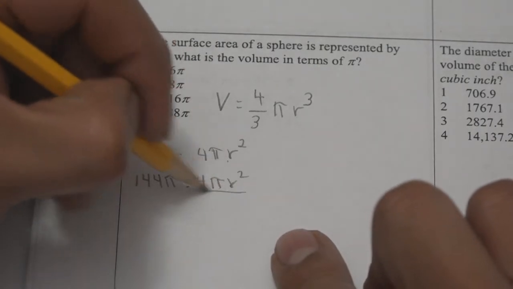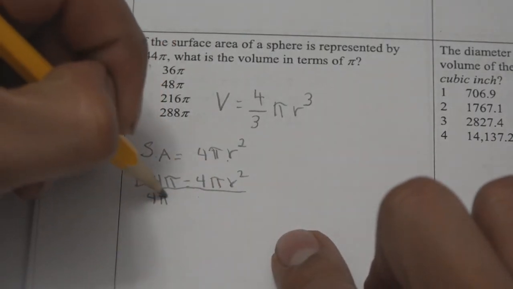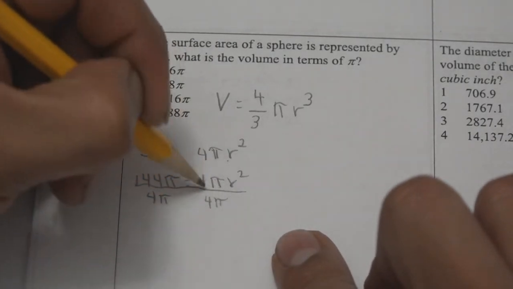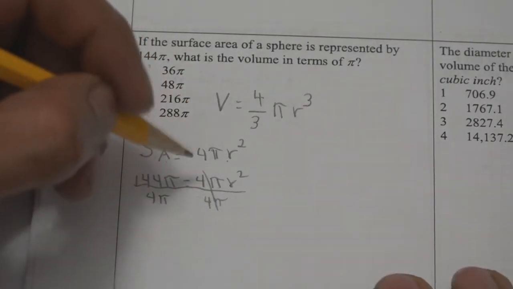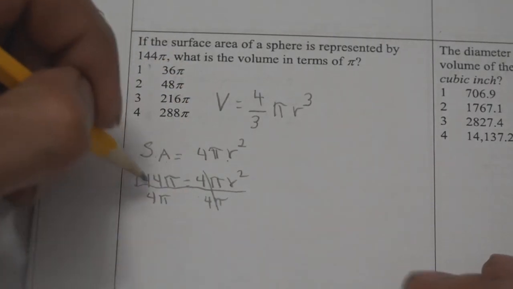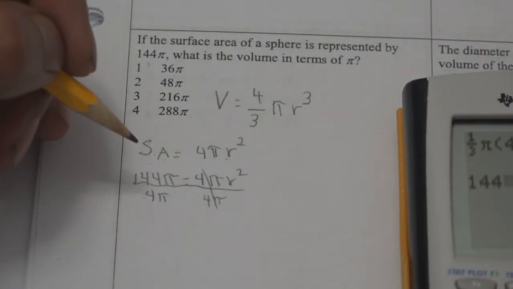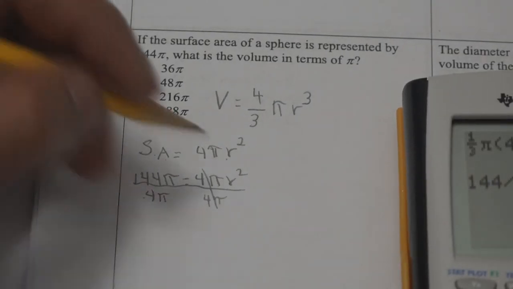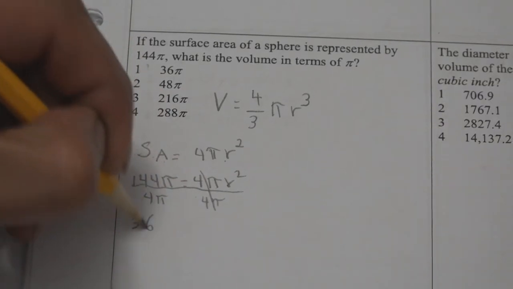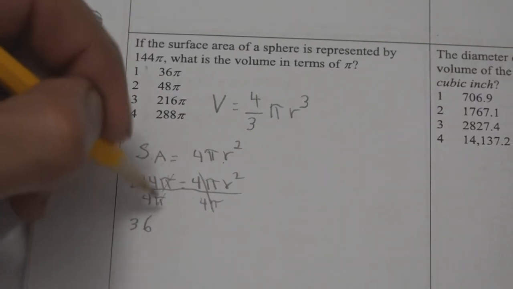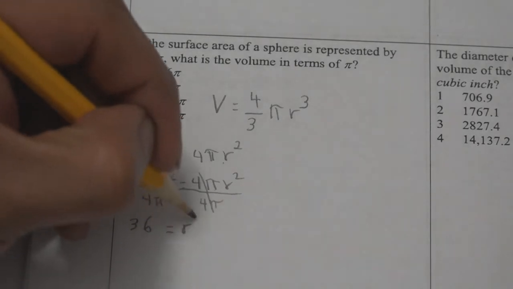Let's divide by 4 pi on both sides. So this cancels out, and we end up with 144 divided by 4, which is 36. The pi's go out, and that is equal to r squared.